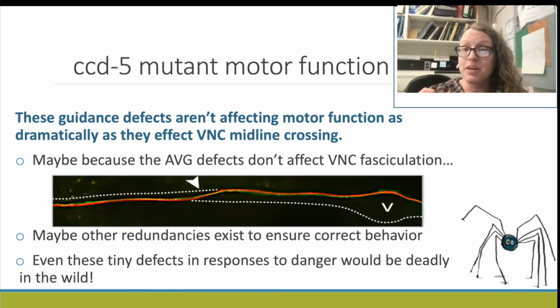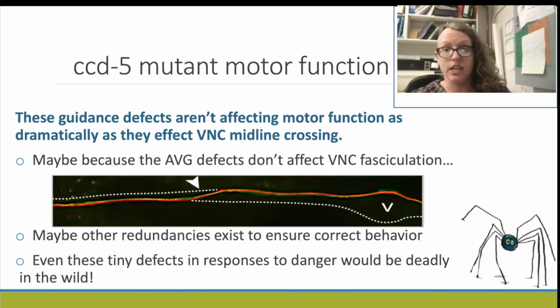And being even a tiny bit bad at avoiding danger would be deadly in the wild, which is why there are so many layers of safety preventing defects in the ventral nerve cord and in this system, because that spider needs 8 legs in the wild. In the wild, it needs to be able to be maximally dexterous.